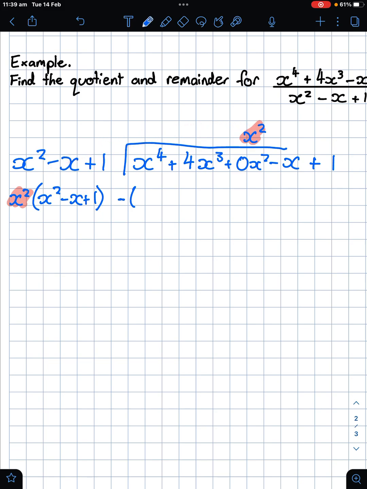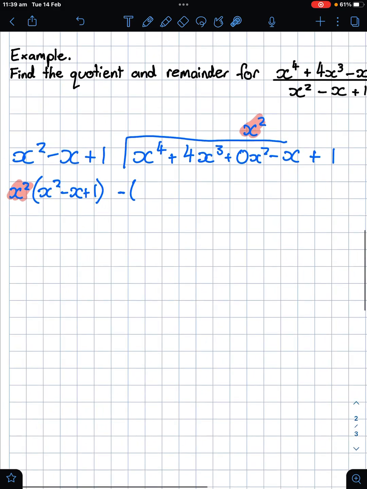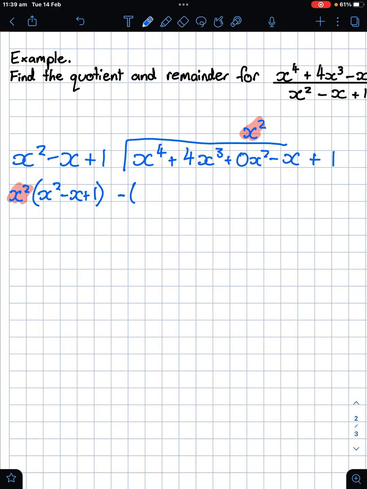So we have to take them out of our original polynomial. It'll make more sense at the end. So x squared times x squared gives us x to the 4, x squared times x gives us negative x cubed, and x squared times 1 gives us just x squared.